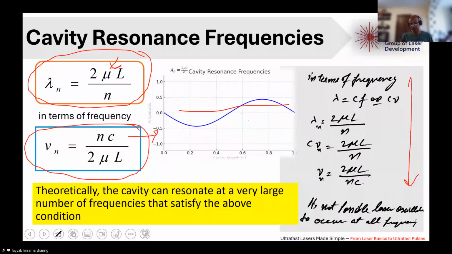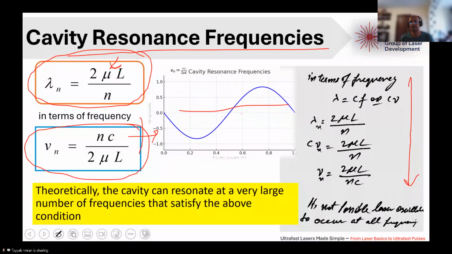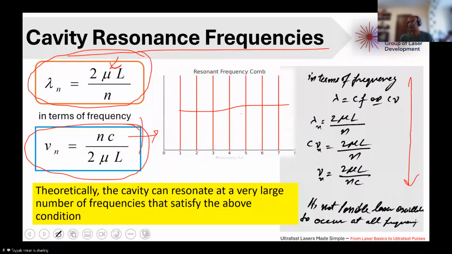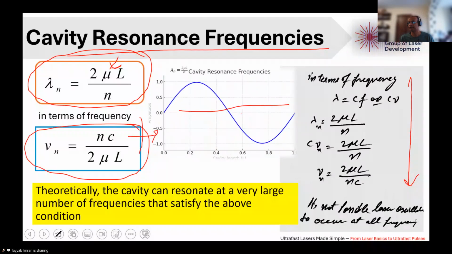So at the moment, what I wanted to show is that the wavelength formula is converted to the frequency, and we call it cavity resonance frequencies. Then these lines, you see, are the frequency separation in the cavity.